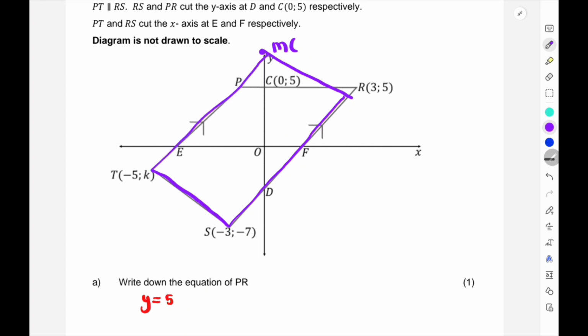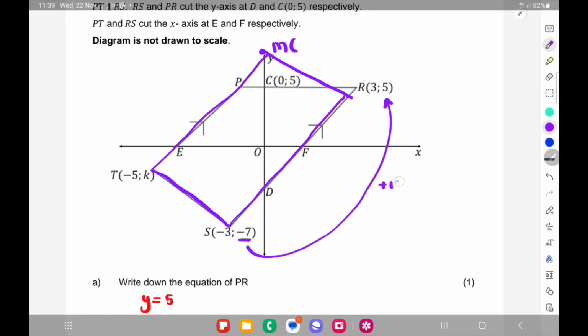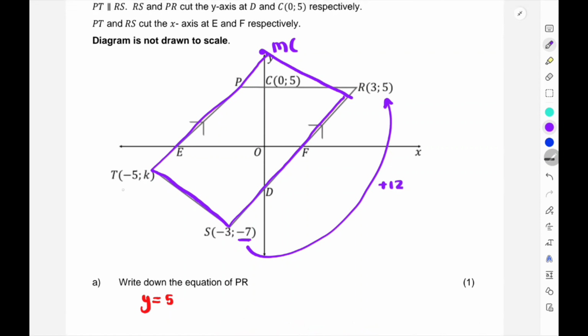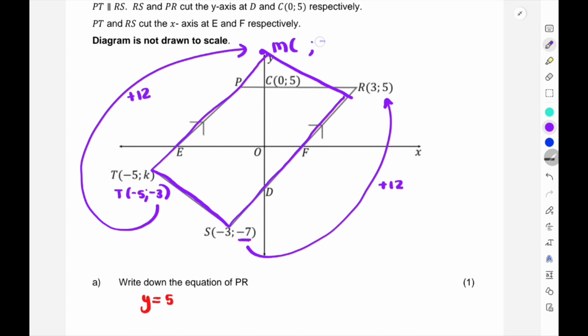So how did I get from -7 to 5? For the y values, I need to add 12. And this one was T (-5, -3). So from -3, I need to add 12. -3 plus 12 gives you 9 over there.